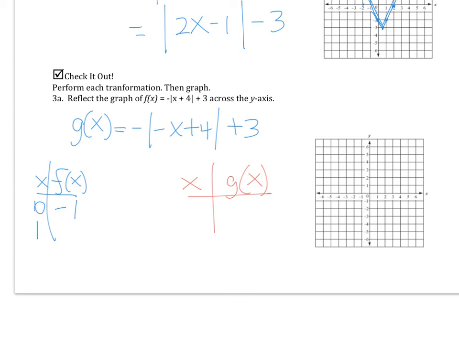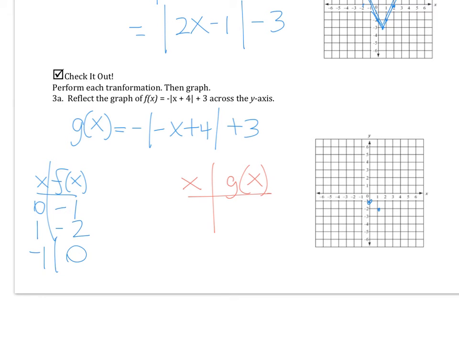I put a 1 in the original function, 1 plus 4 is 5, negate 5, I get negative 2. Put a negative 1 in the original function, I get 3, negate 3, I get negative 3, plus 3 is 0. I'm going to graph those points.